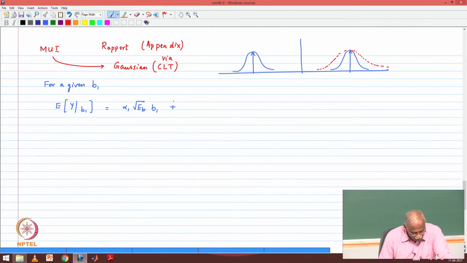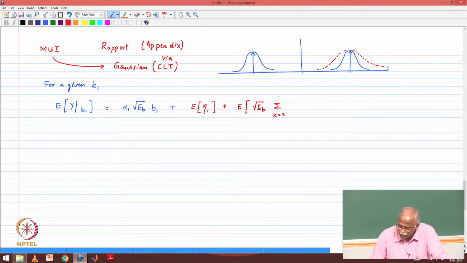So the multi-user interference, expected value of y given B1, would be expected value of eta 1 plus expected value of root EB summation k equal to 2 to uppercase K alpha k bk R1k. So this is the mean value.